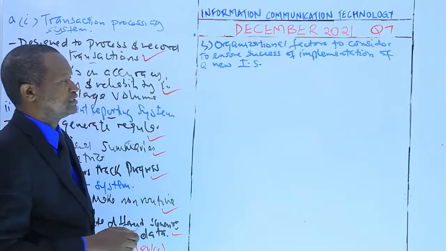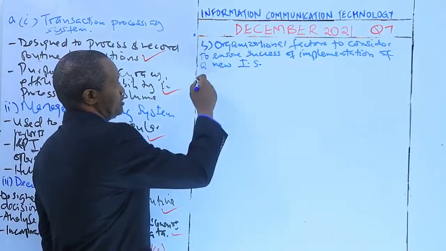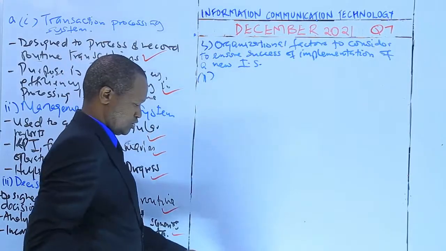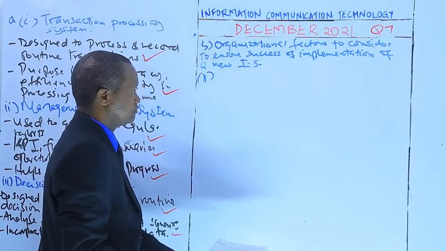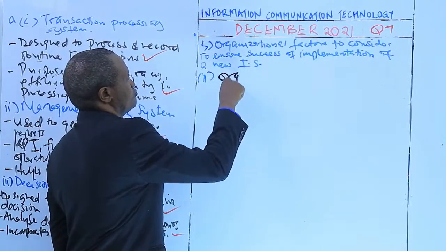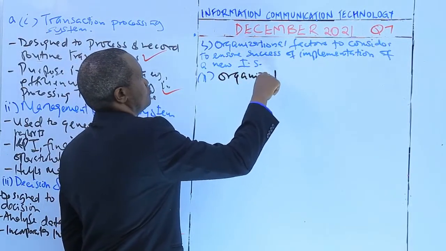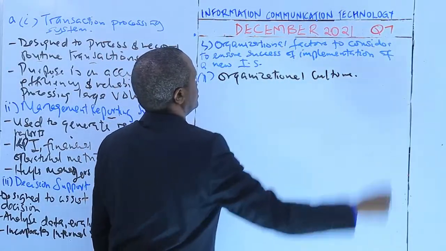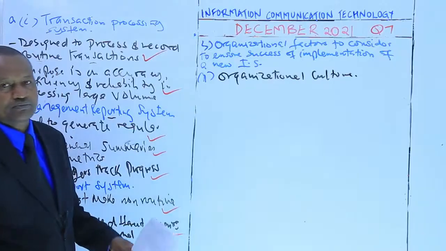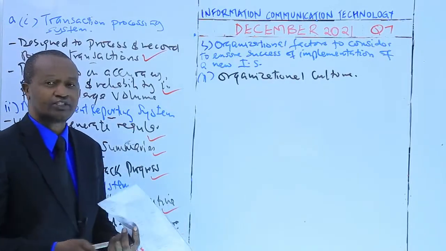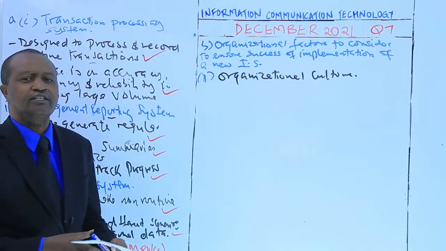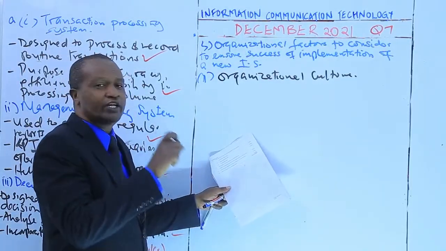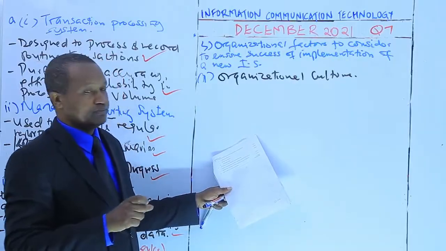What are the factors? The first factor is culture. Organizational culture. The existing organizational culture plays a significant role in the success of implementation of a new information system.